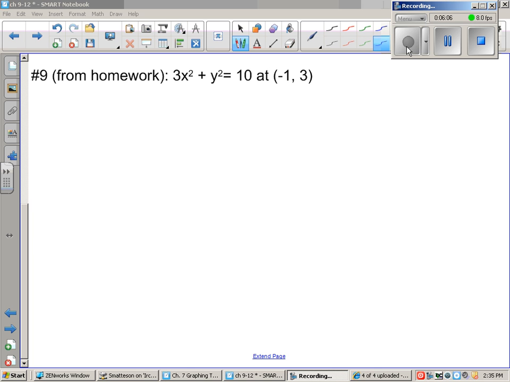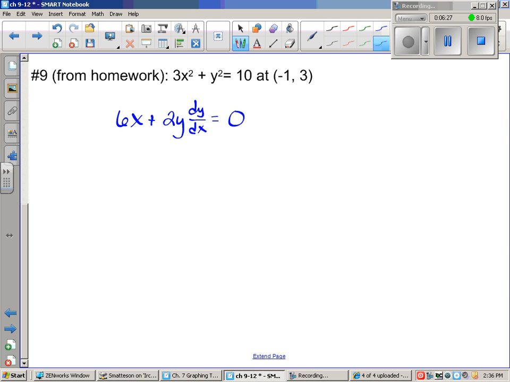When I do implicit differentiation, again, I'm going to just leave it in the form with the y. So when I do the derivative, it's going to be 6x. And since that was in terms of x, we can leave it just like that, plus. Then this will be 2y, but this is not an x, so we're going to throw on there the dy dx, or rather the derivative of y with respect to x, equals the derivative, which is 0.